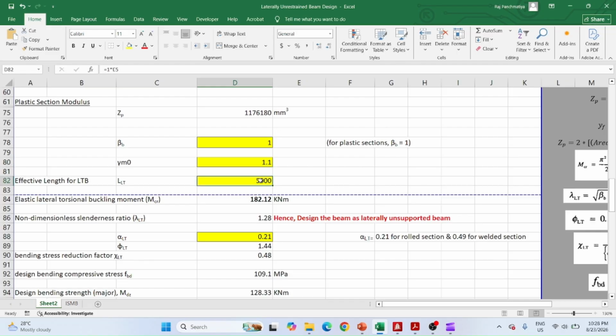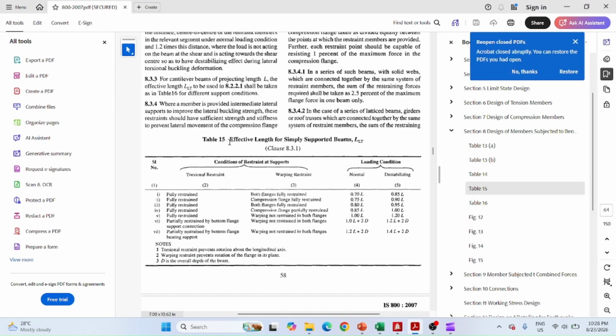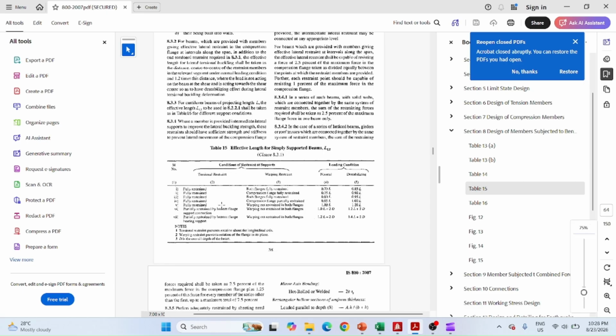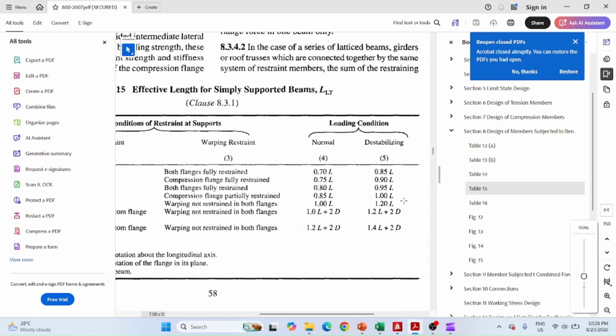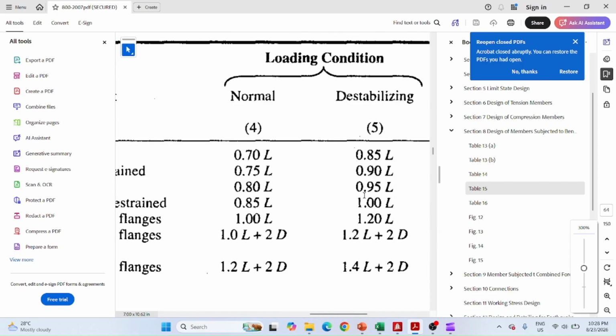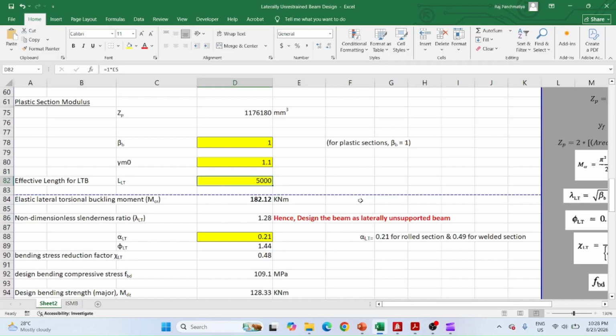LLT is the effective length. If you see table 15 of IS 800 2007 code, for a simply supported beam, the value of LLT can be taken equal to 1L. So 1 into L is nothing but 5000 mm, so LLT will also be equal to 5000 mm.